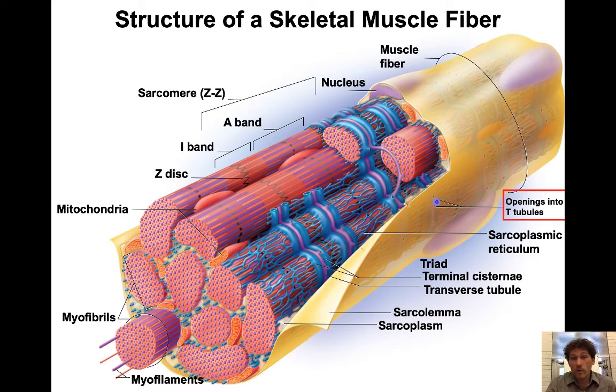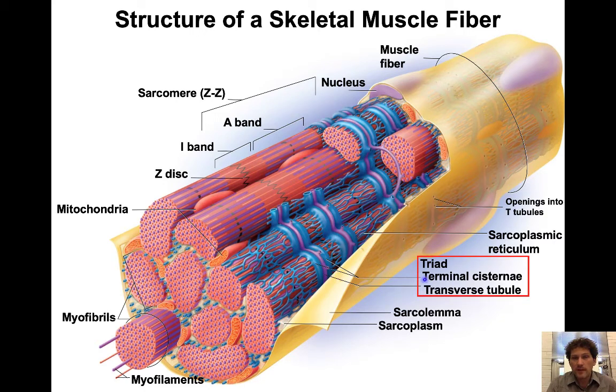Okay, then what we see on the sarcolemma are these little openings that lead into a structure called our T-tubules, or transverse tubules. These are infoldings of the plasma membrane, or the sarcolemma, that pass through and down into the cell.